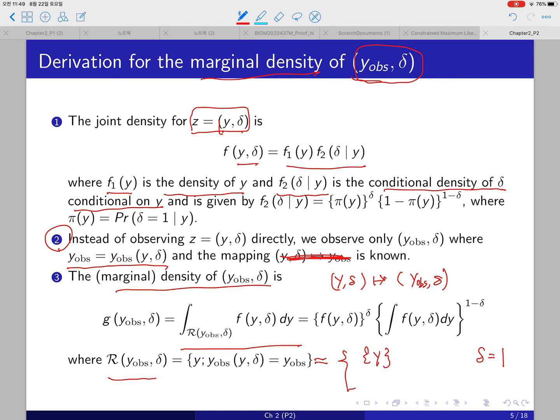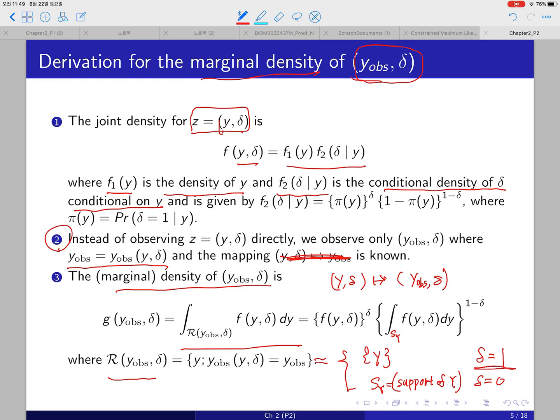And if delta equal to 0, then this is just the support of y. So this is S_y. So that gives this answer.